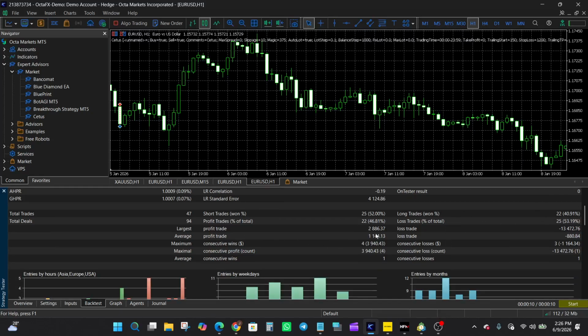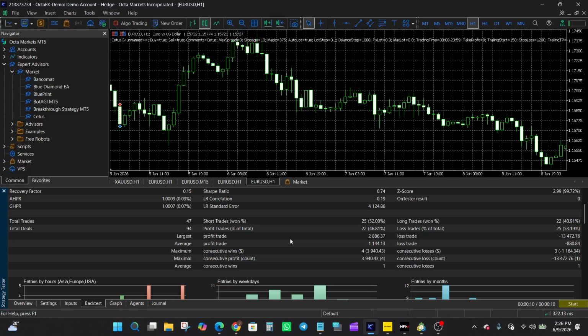The largest profit was 2,886.37 and the largest loss was 13,472.76. The average profit we have here is 1,144.13 and the average loss is 880.84. So this also shows me that the risk to reward ratio is actually okay, even though it's not exactly excellent, but perhaps close to 1:1.5.